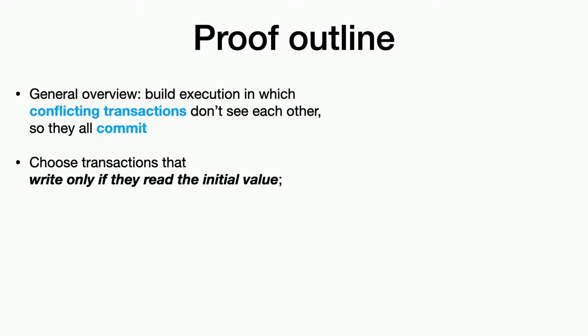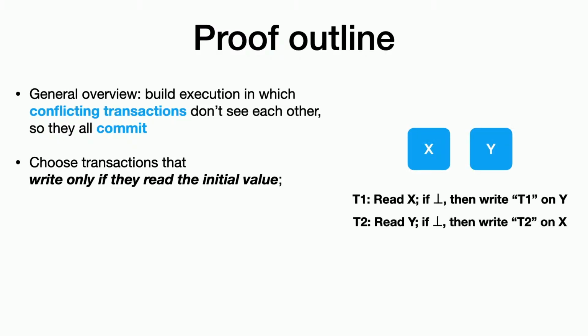To do that, we're going to choose two very simple transactions that are both going to have potentially empty write sets. They'll only write if in their first read something good happens. So these are my two transactions, and I have two data items in my data set, sitting on two different nodes.